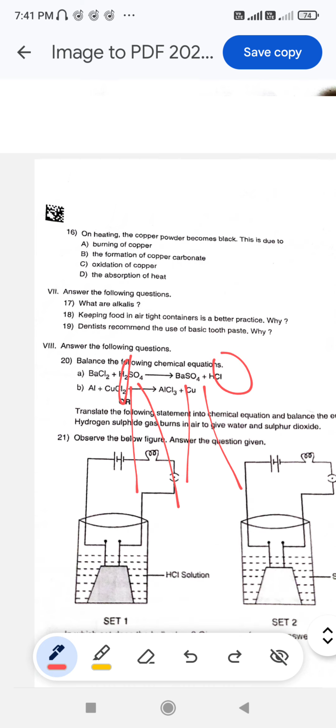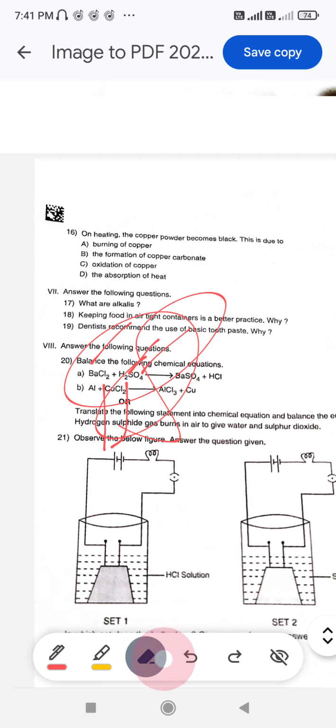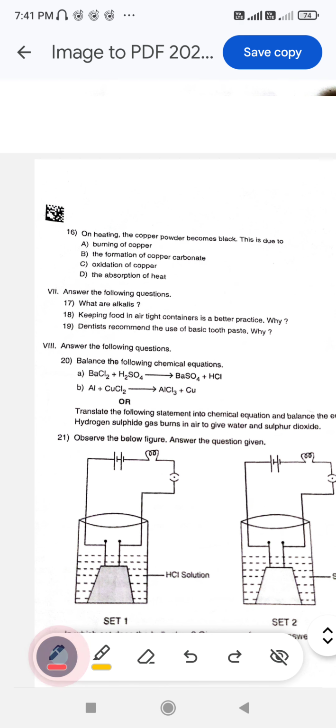Here 3 elements are balanced already. Which 3 elements? Barium, sulfur and oxygen are already balanced, correct? Chlorine is not balanced and hydrogen is not balanced. So what do you have to do for that? Nothing, only add 2 HCl. 2 HCl means 2 hydrogen and 2 chlorine, again 2 chlorine and 2 hydrogen.